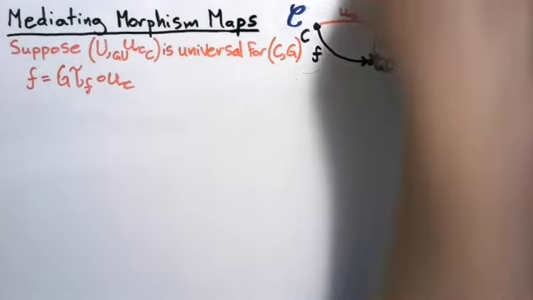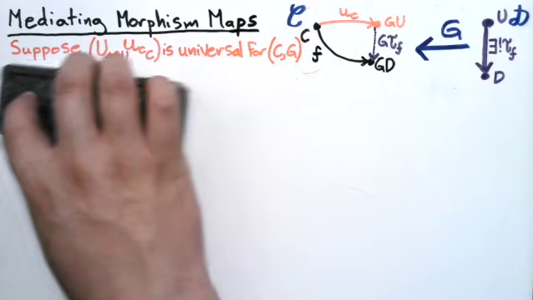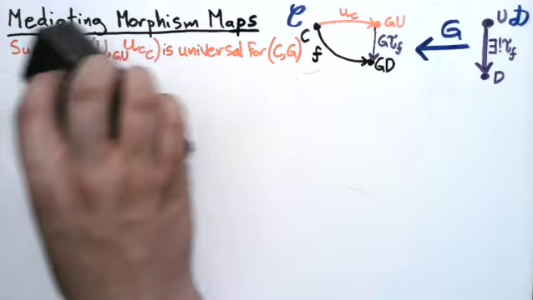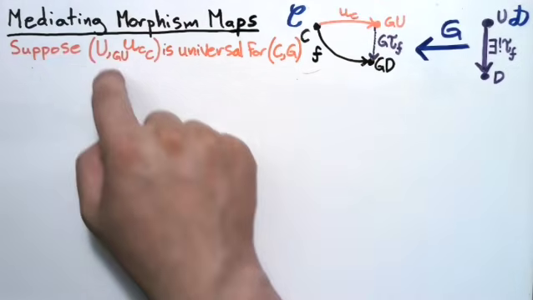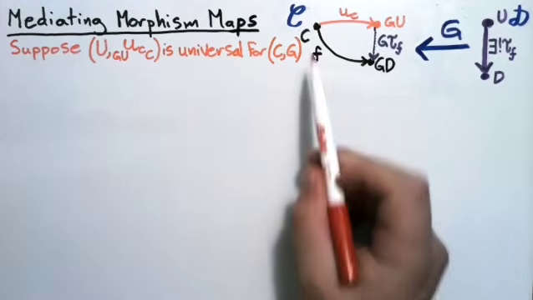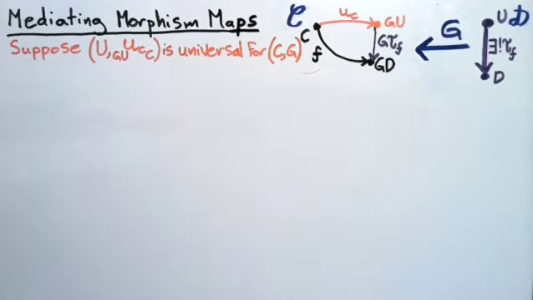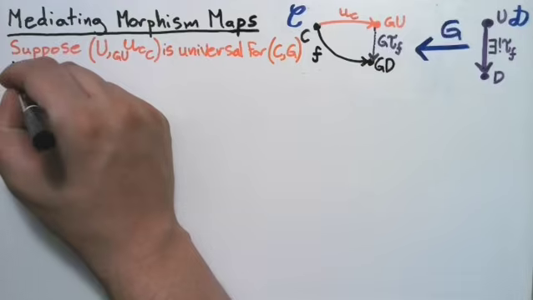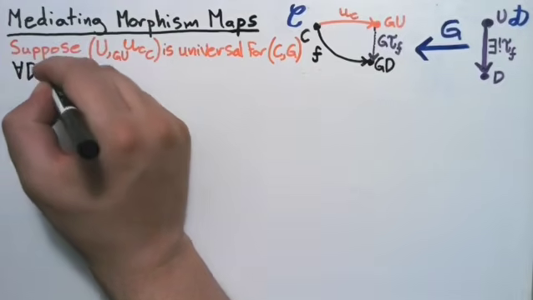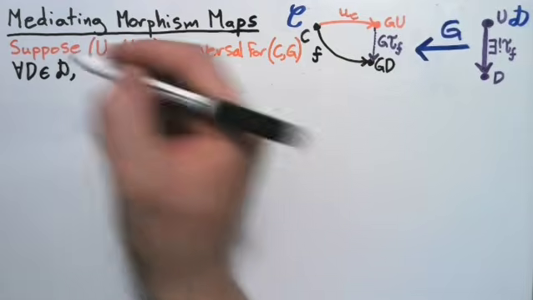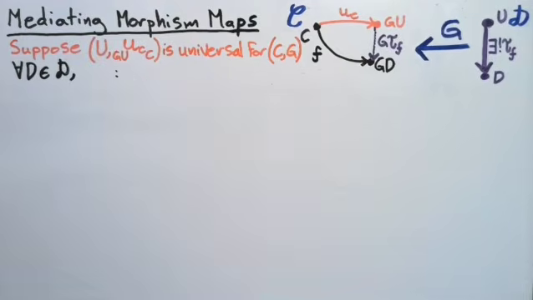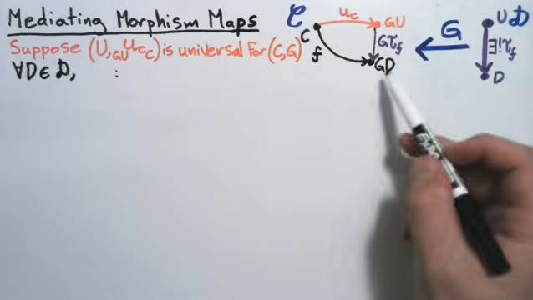So what can we say? Well, we can say that there's now a well-defined function going from the morphisms from C into any image G of D into the morphisms going from U into D in the category D. So what we're saying is for any object D in the category D, there is a well-defined function, which we'll name in a second, which goes from, well, what are these morphisms?